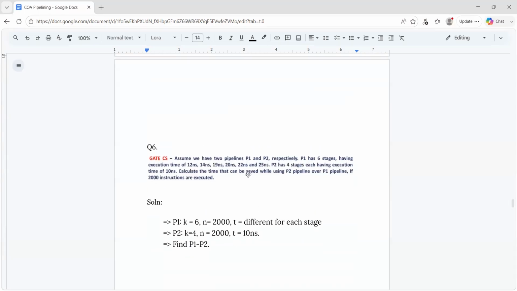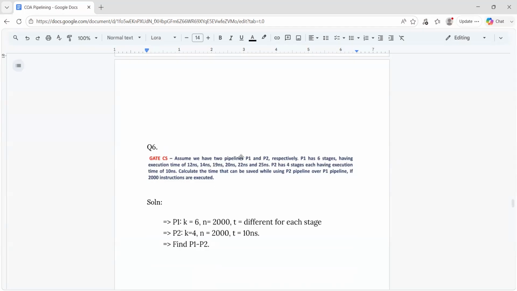Next, we are moving on to this sum, which is a two pipeline sum. Assume we have two pipelines, P1 and P2, respectively. P1 has 6 stages, having execution times of 12, 14, 19, 20, and so on, and P2 has a time of 10 nanoseconds. Calculate the time that can be saved by using P2 pipeline over P1 pipeline if 2000 instructions are executed.